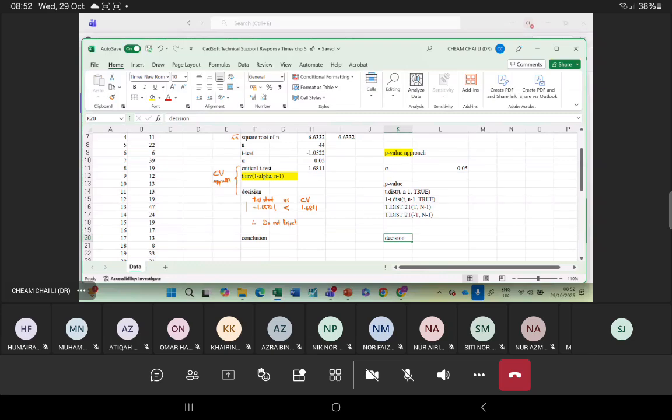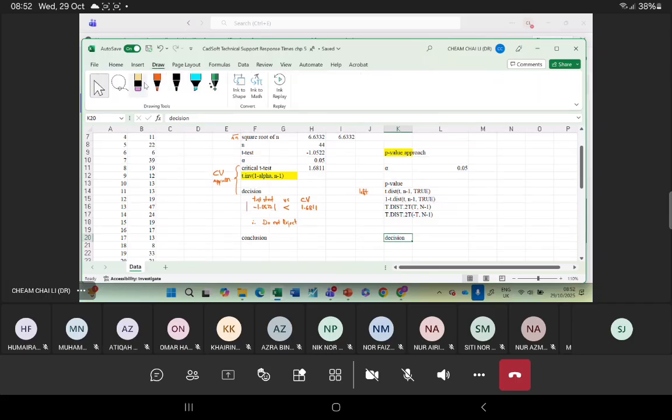Okay, yang pertama, this is the p-value with left tail. This is left tail.